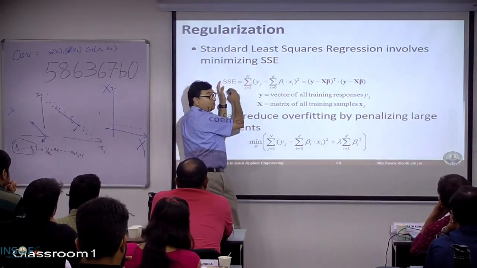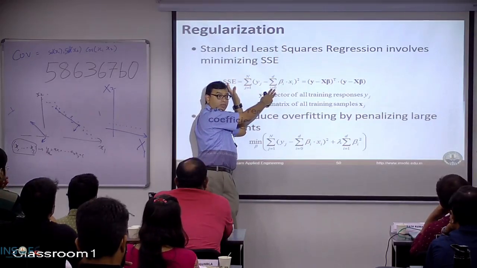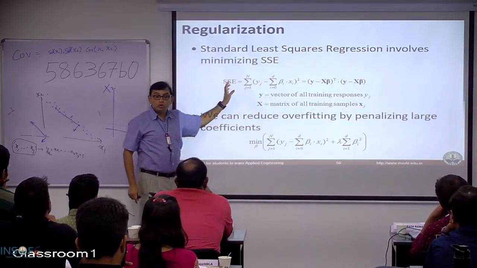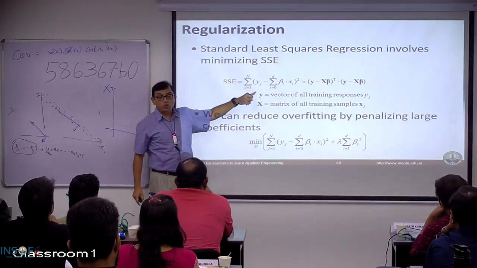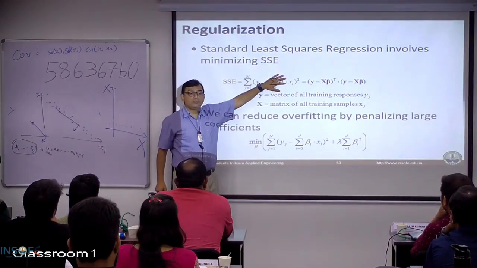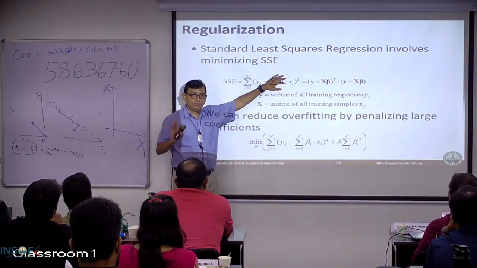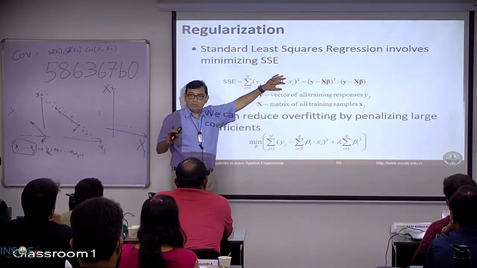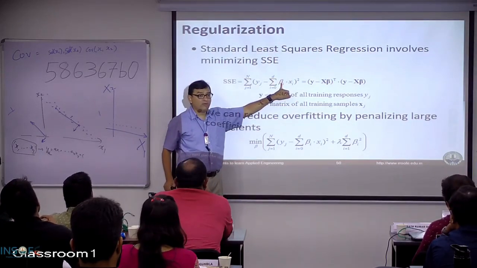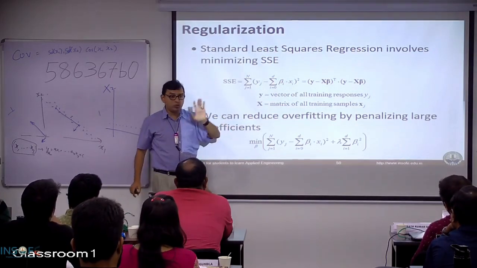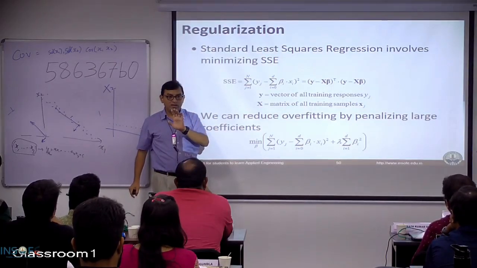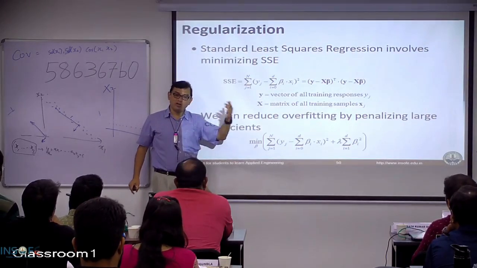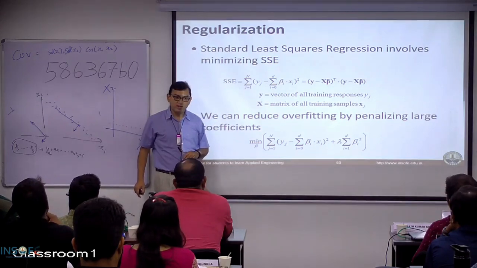This is what our sum of squared errors was. What we did was we found a beta value which minimized the sum of squared errors. Agree? We found the coefficient value which minimized the sum of squared errors. That's what we did in linear regression, which is why we call it least squares regression, right?